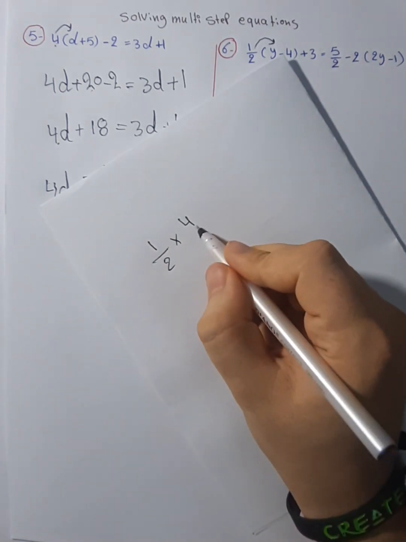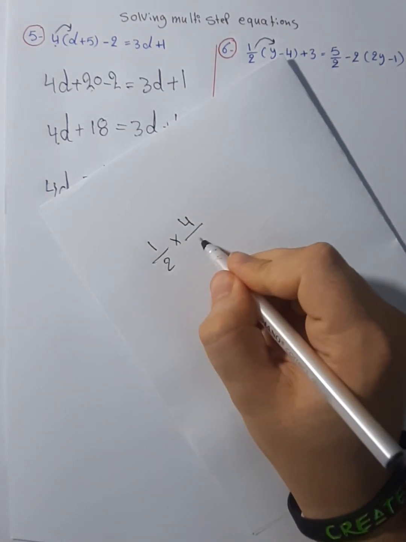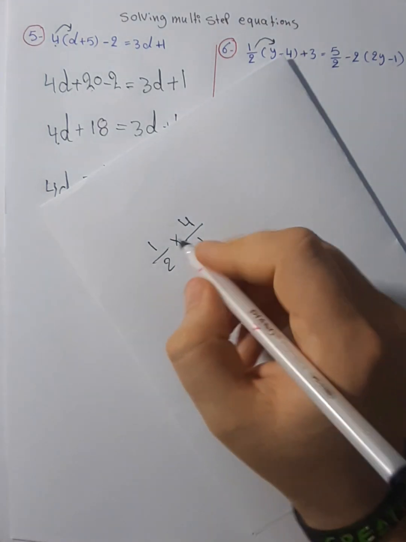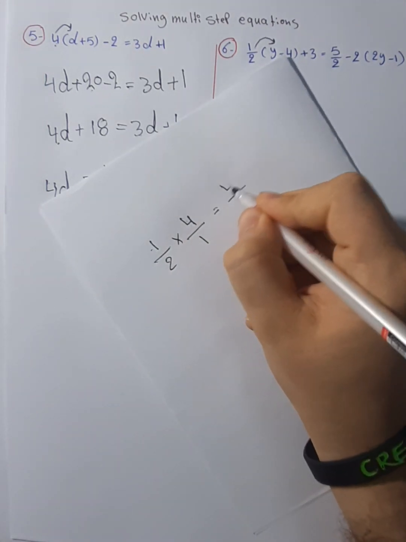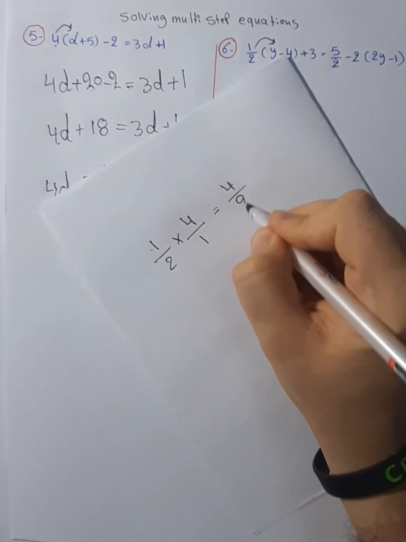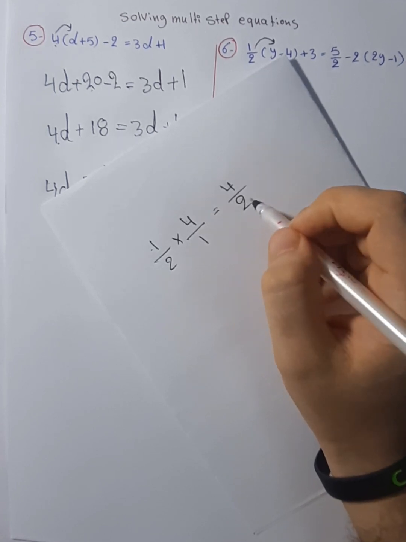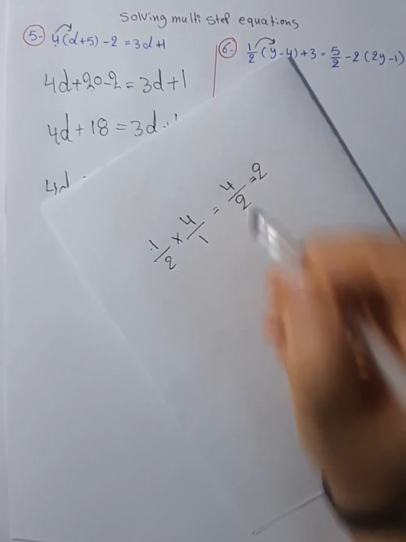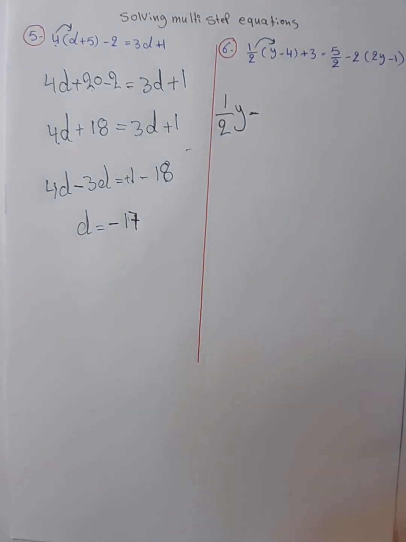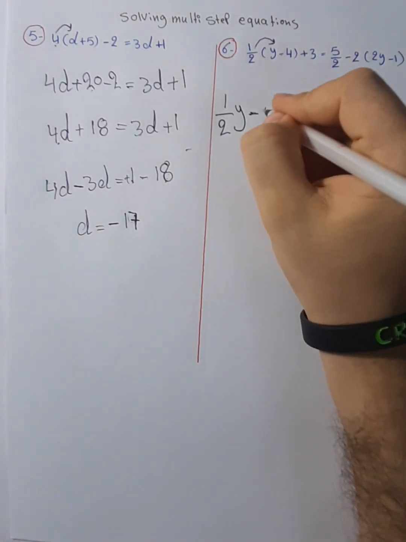We have to change this whole number into a fraction by writing 1, and then 1 times 4 equal to 4, 2 times 1 equal to 2. Now we can divide 4 divided by 2 equal to 2. So the value of 1/2 times 4 equal to 2.